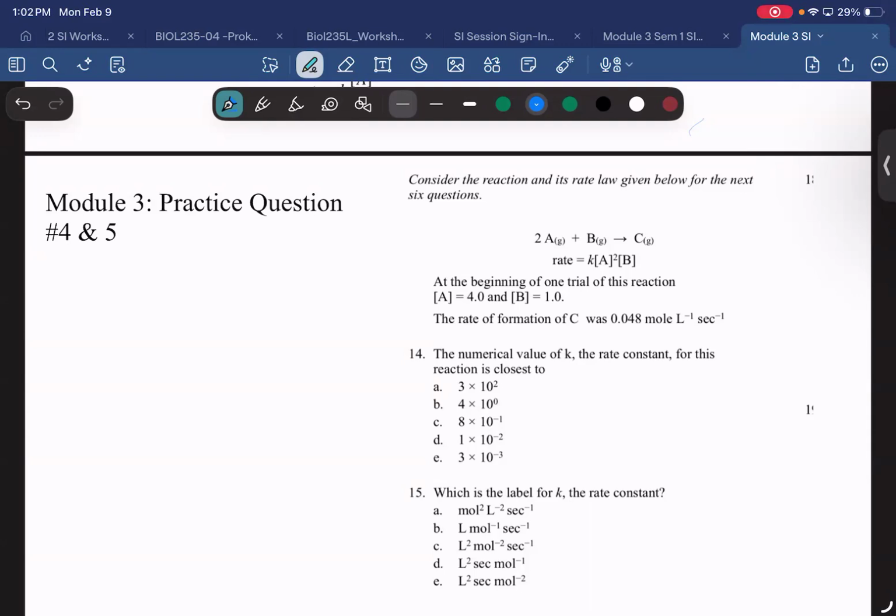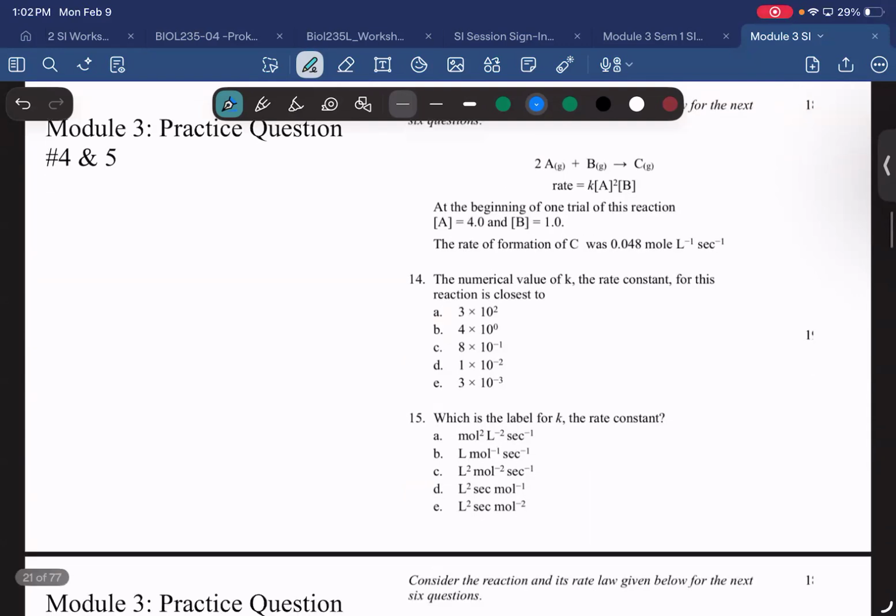All right, so let's try to do this without using a calculator. We see here that it's rate, and we're given this concentration, so I'm going to say this is 4.8 times 10 to the negative 2. Does that make sense? That is equal to K times 4 squared, and B is 1, so B doesn't really matter.